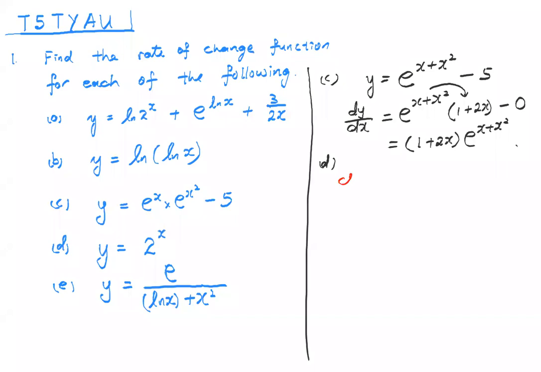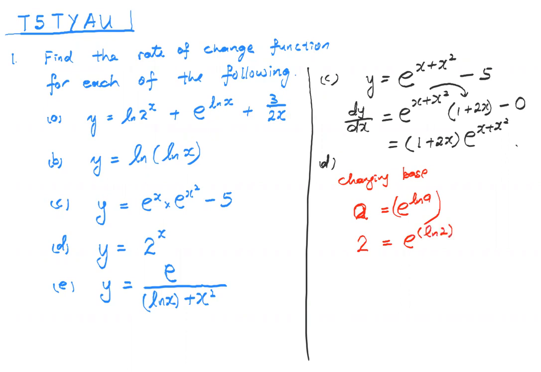So changing base. Any number, I can change it to e to the power of ln any number. So this is how you view it. Are you okay? So now 2, I have to write as e to the power of ln 2.